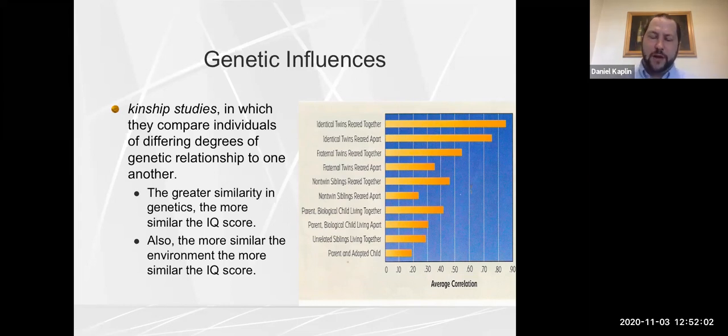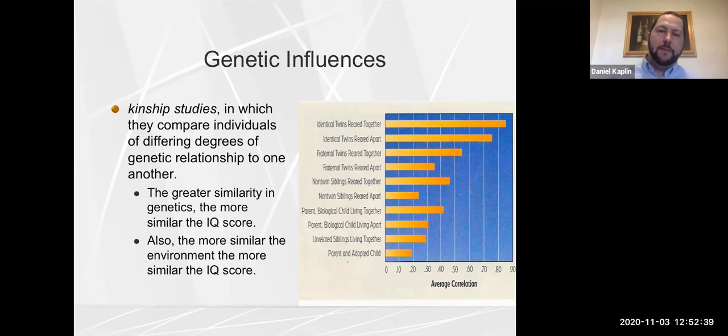So the environment, merely being raised together, is going to increase the correlation between the two. Being raised apart, having separate environments, can also drop off the IQ. And whether we look at 1 versus 2 or row 1 versus row 2 or row 3 versus row 4 with fraternal twins, we see the same thing. It's about 0.55, then it drops off when they're reared apart to 0.35 roughly, and then the same pattern continues to go.